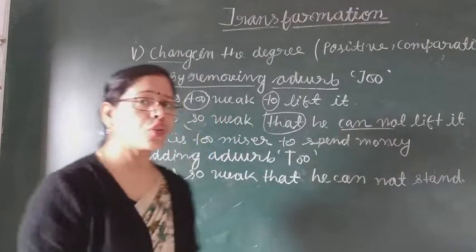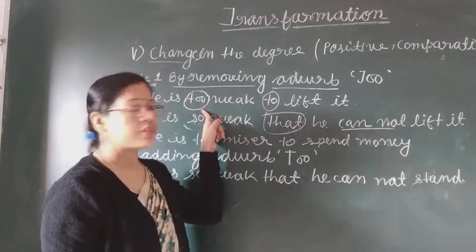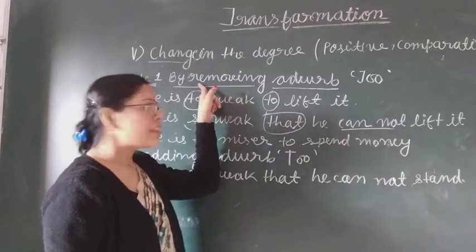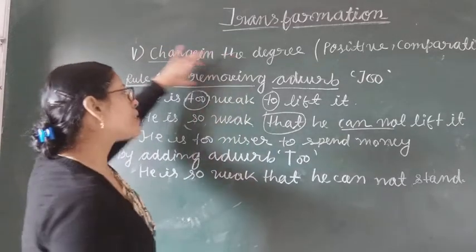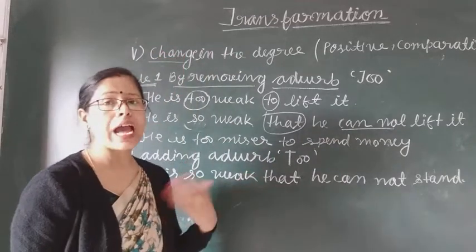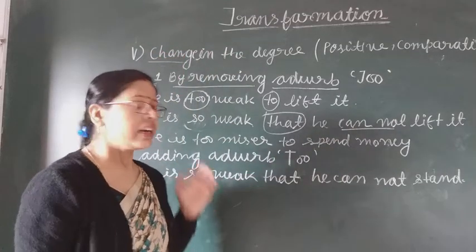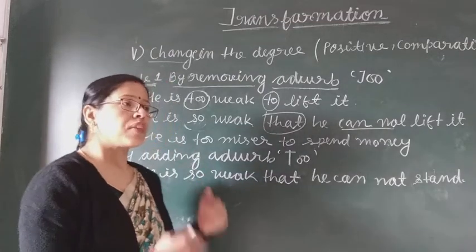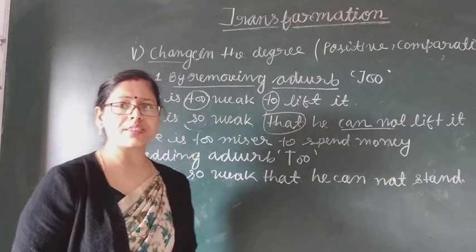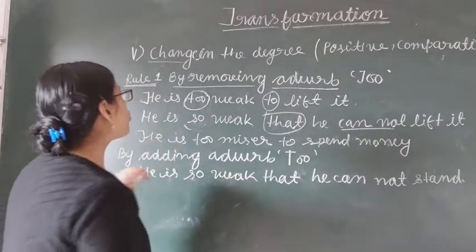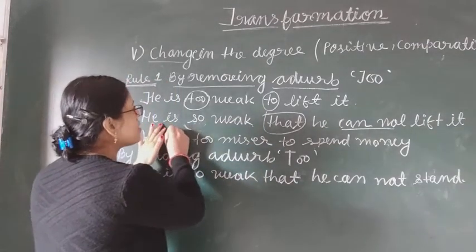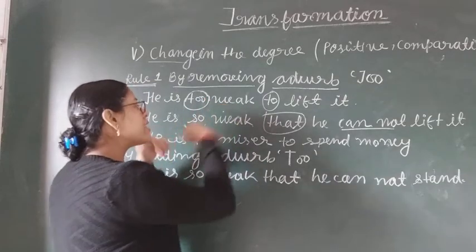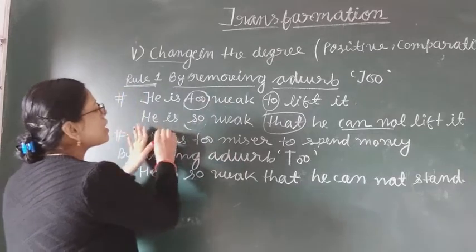You know very well that "too" is the adverb. So what is the rule telling? Remove. That means we have to remove this adverb too and add something so that the meaning will be the same; only the structure, the form or presentation of the sentence will be different. We can write: He is so weak.